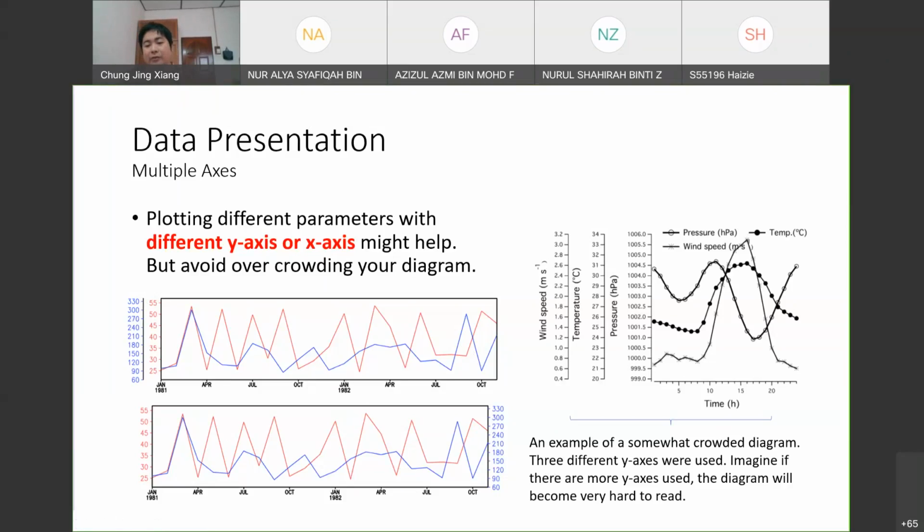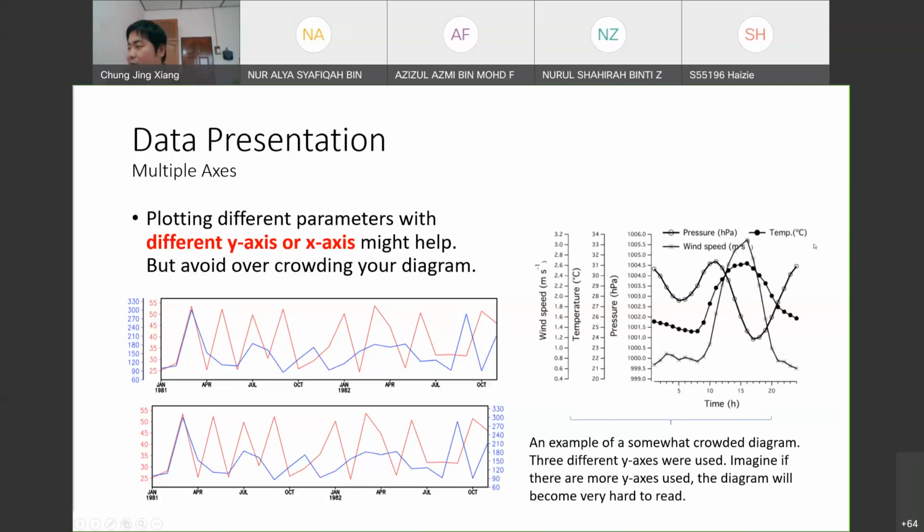But when you use a multiple axis approach, you have to be very careful. You can see from this diagram, it looks a bit cluttered. It has three y-axes. When you do something like this, it looks very cluttered.